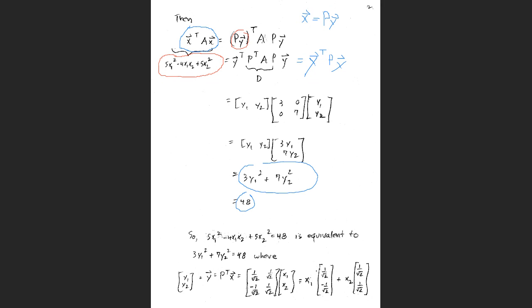And so that means that our ellipse, in terms of the equation of the ellipse in the variables x1 and x2, is equivalent to the equation of the ellipse in terms of the new variables y1 and y2, where the vector y1, y2 is equal to P transpose times the vector x.